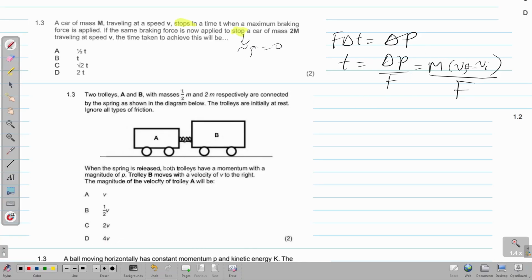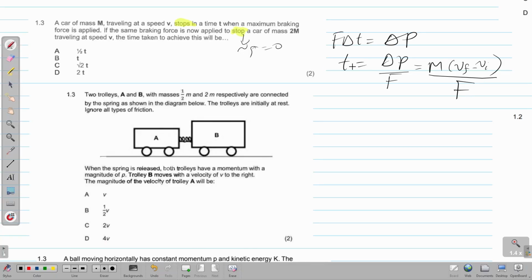Since they have the same initial speed, we deduce that the change in velocity for both cars is the same. So v final for the car with mass m and v final for the car with mass 2m is 0, and both start with the same initial velocity v, and the same force is applied.